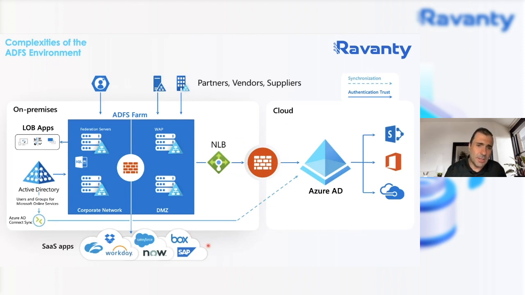Then you have all your SaaS applications below, which are connecting to your ADFS environment. You have your line of business applications, and then obviously you have your Active Directory providing the directory services and authentication. And then here we have Azure AD Connect, which is syncing to Azure Active Directory, which, as you can see, has SharePoint Online, OneDrive, all your Office apps, Exchange Online, and things like that. So this shows you all the different intricacies with having an ADFS environment.